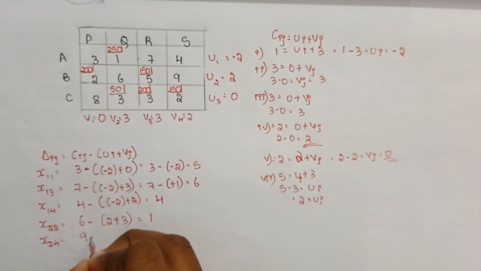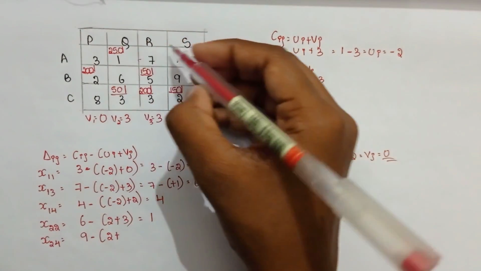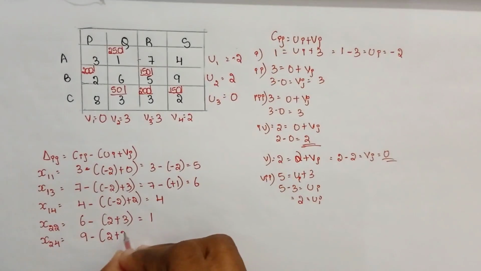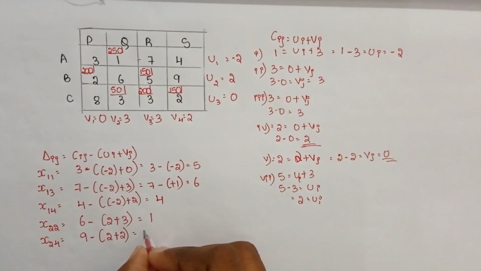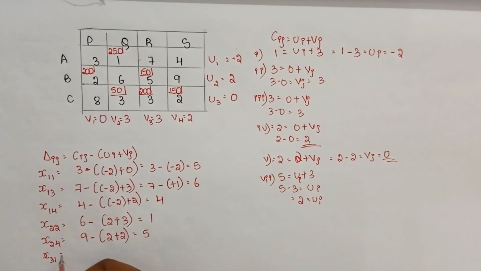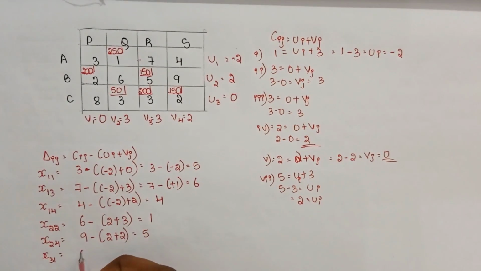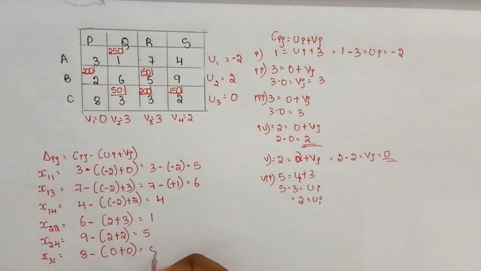So the Cij value is 9 and the u2 value is 2 plus the v value for 9 is 2. So 2 plus 2 is 4. So 9 minus 4 is 5. And the next unallotted cell is 8. It will be represented as x31. So the Cij value is 8 and the u value is 0 plus the v value is also 0. So 8 minus 0 is 8.